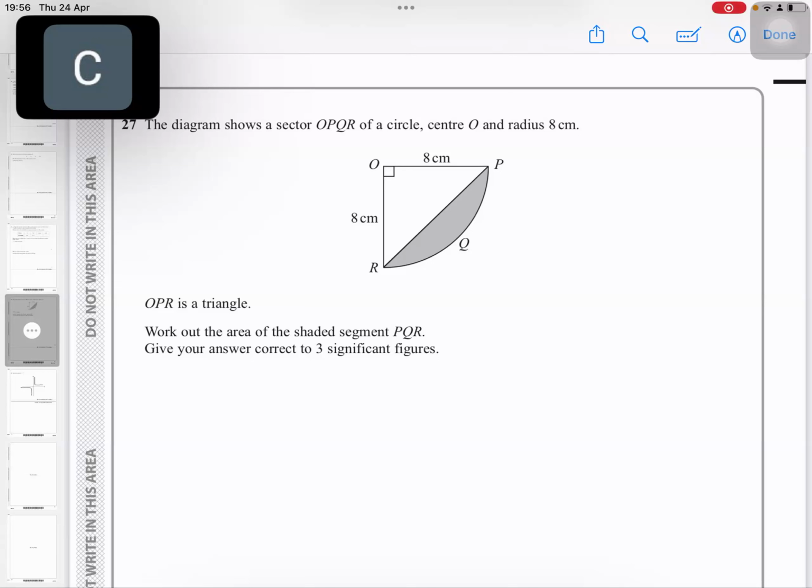Okay, so because it's a quarter, we're doing the area of a circle, but divided by 4. Yes, that's for that quadrant, right?